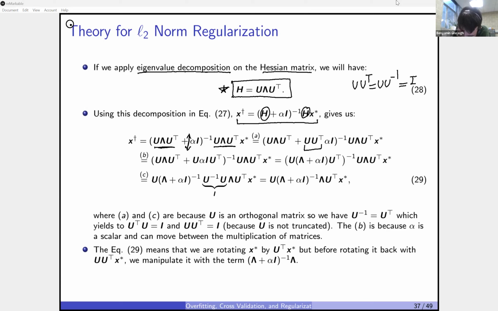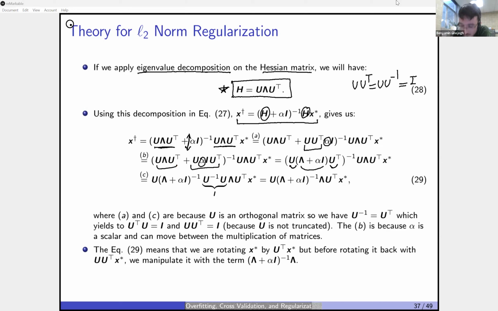Now, alpha is a scalar, so in the multiplication I can bring it back and forth. So I can bring it here. Then I factor out: considering these two terms, I left factor out U and right factor out U transpose.